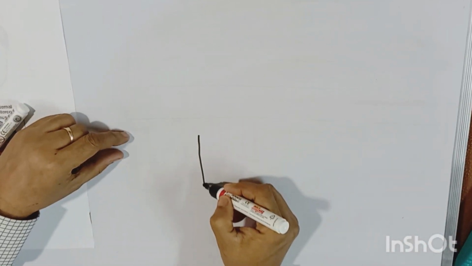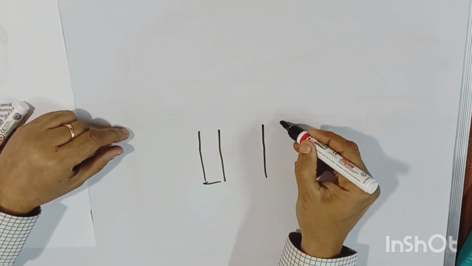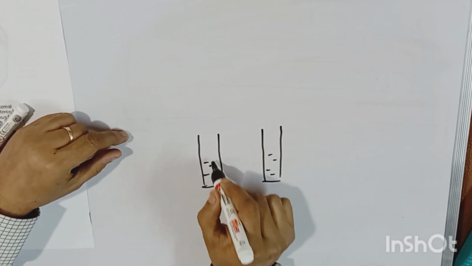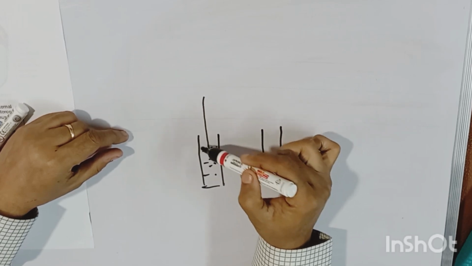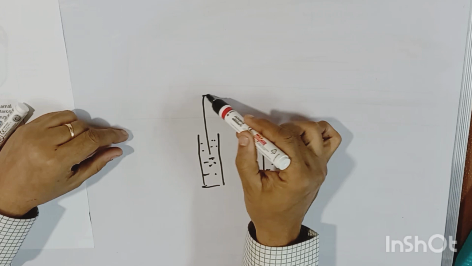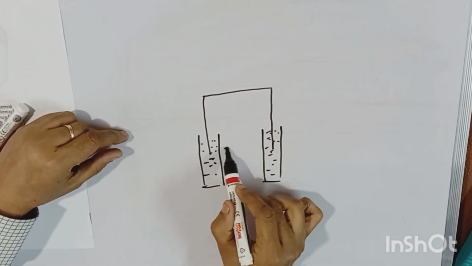So I'll place 2 glasses of water. I'll place an inverted drum on these 2 glasses of water. So this is the drum.